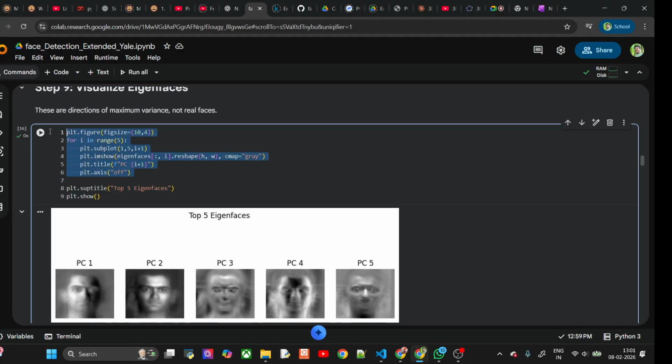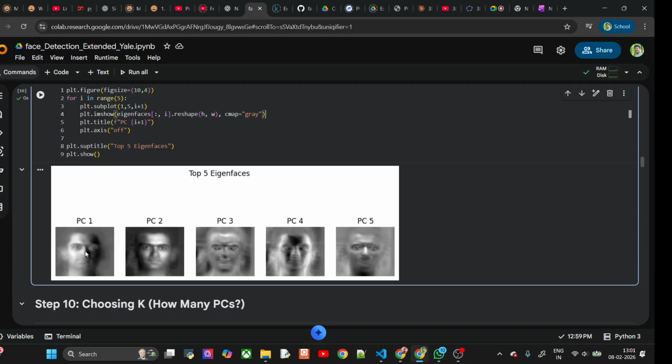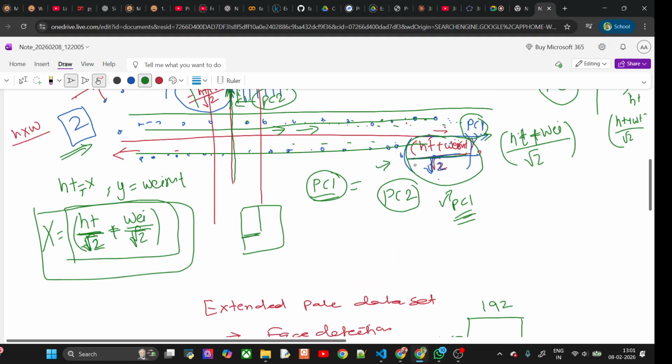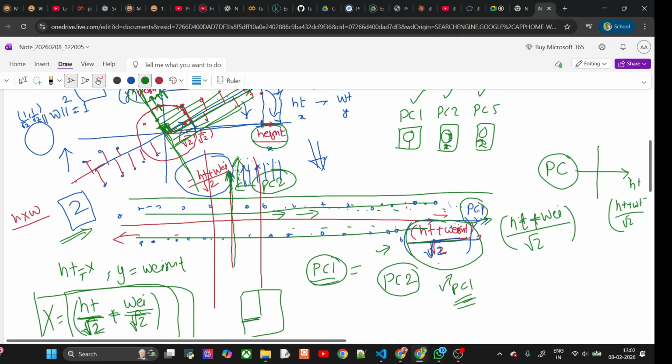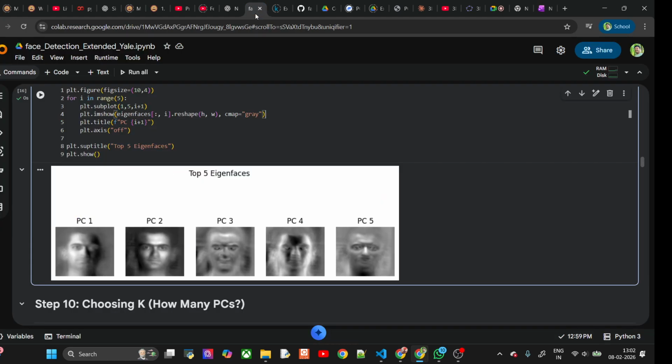And in this way I keep increasing the number of principal components, PC3, PC4. Because I mentioned in this graph, PC1 is where you are getting the variance in that direction. In the principal component you are getting the variance in the PC1 direction.